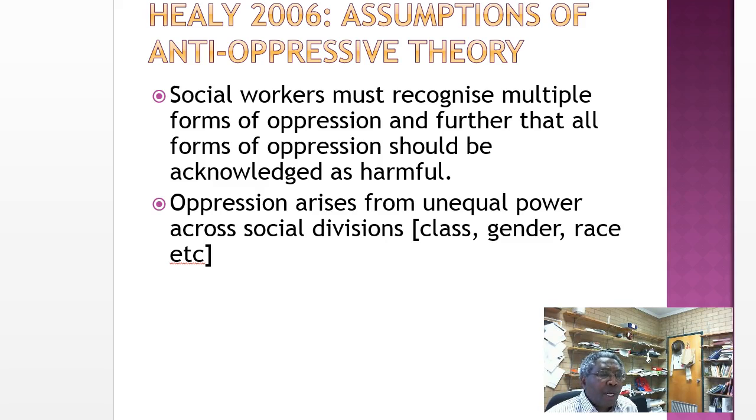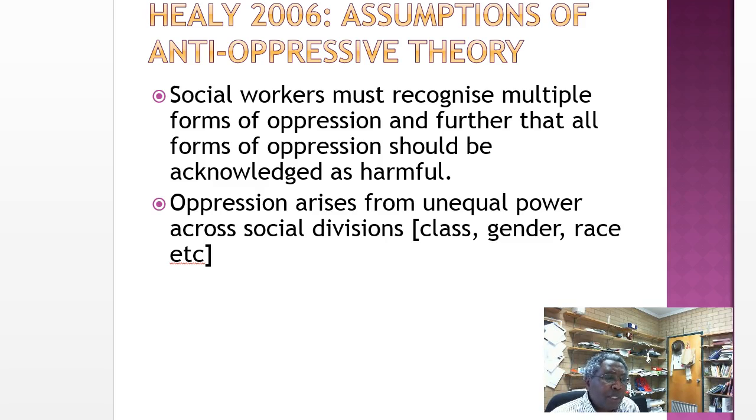Healy continues to argue that it's very important to recognize the multiple forms of oppression, such as race, class, gender, and also understand that all forms of oppression should be acknowledged as harmful. Obviously, that's pretty obvious: anyone who is oppressed, whether it's because of their gender or their sexual orientation, will be harmed in some way.